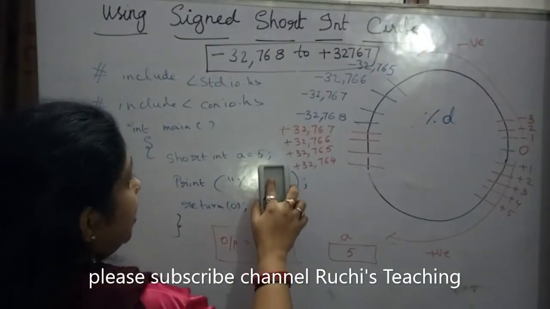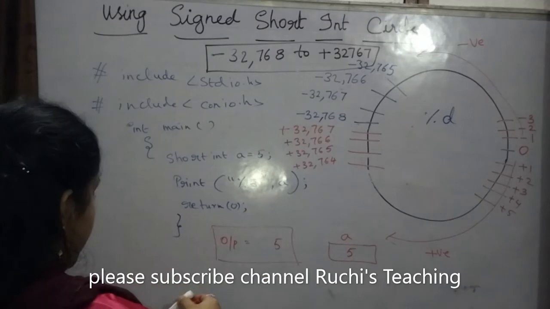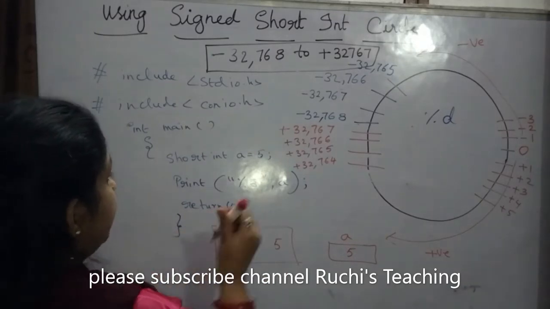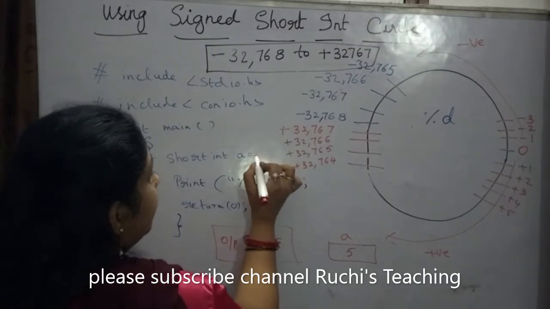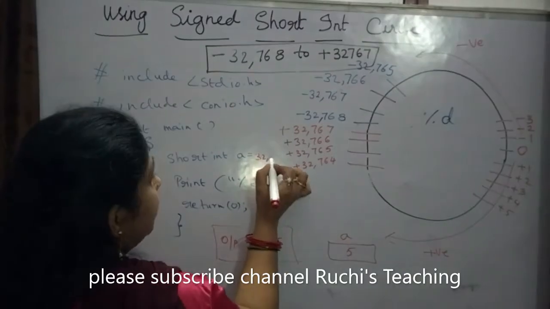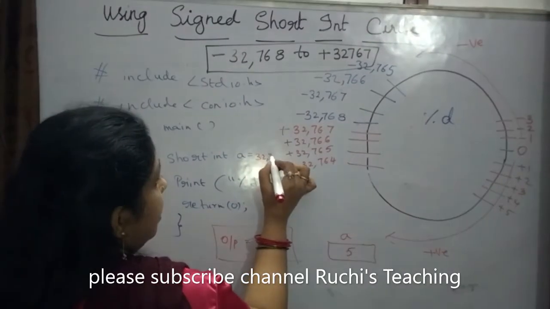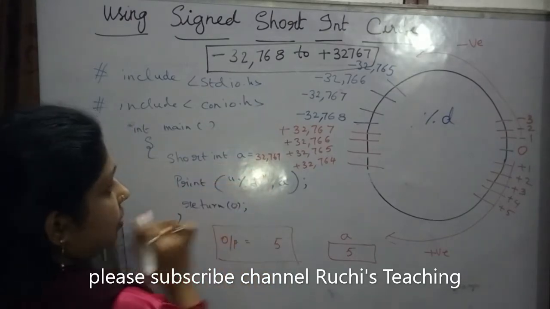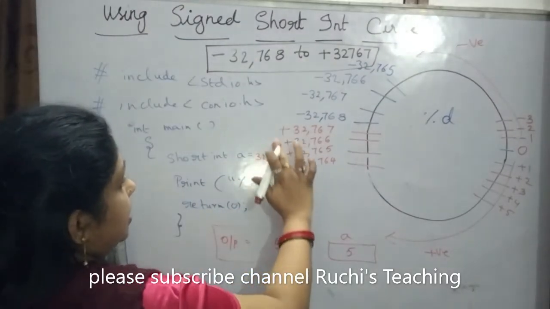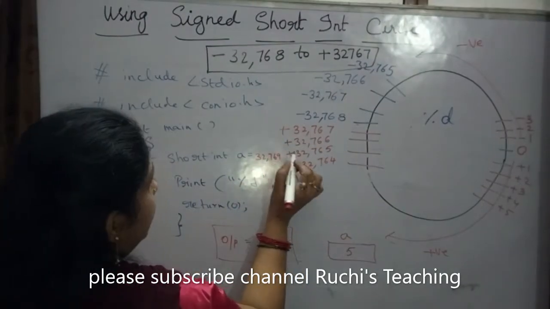Now what I have to do is, here I have given the number 5. So this digit I will change to 32,767. Sorry, 32,769 I will give.